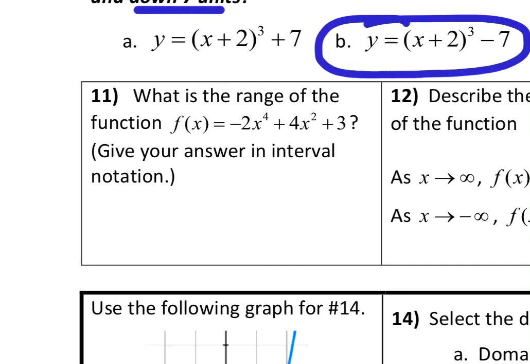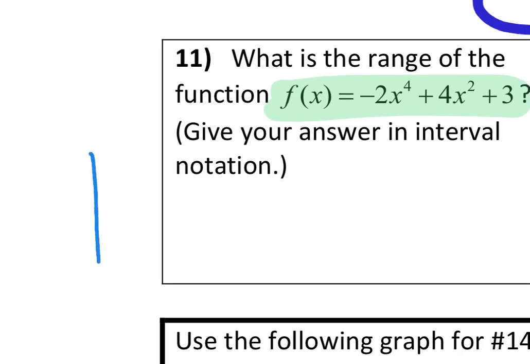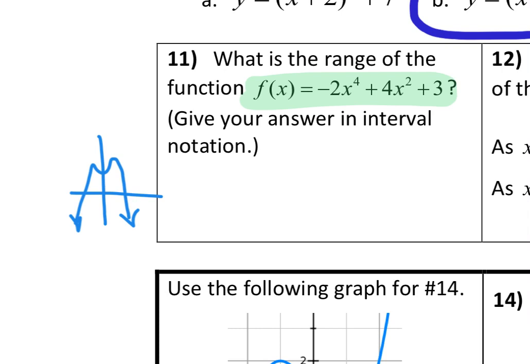Now, for number 11, if I were you, I would grab my calculator, I would graph this, and then step back and take a look. And your graph of this should look something like this. It's a very rough sketch, but it's asking you the range of the function.